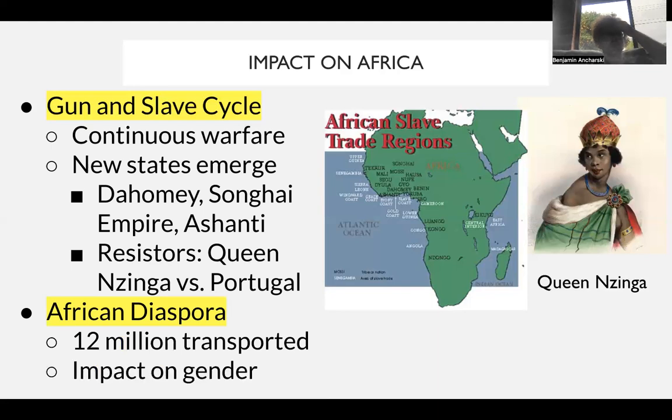We are going to see that this has an impact on gender relations within Africa. Oftentimes, men are more valued as African enslaved people to work in physically demanding jobs. And we do see that a lot of states and societies in West Africa are going to be removed of their male presence. And we do see a change in what roles and responsibilities women have.